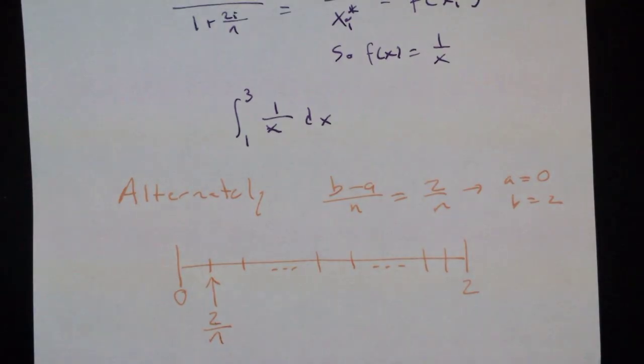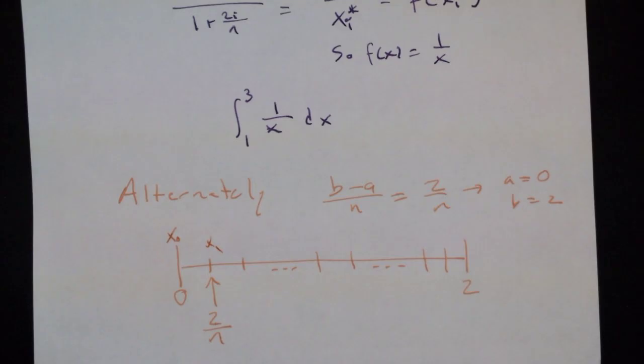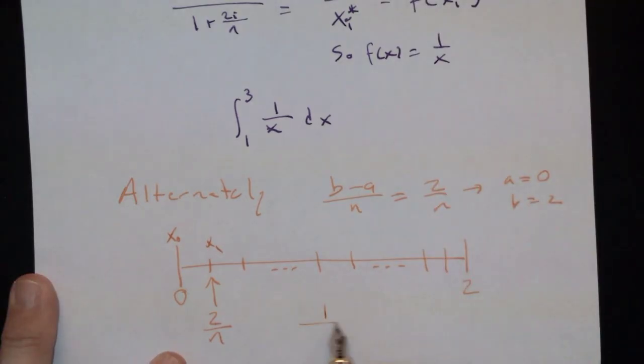And that's what I get when I put in 1, right? Because this is x0, this is x1. So I should use i equals 1. Yes? I go back and I look at my thing and I say, oh, 1 over 1 plus 2 over n should be f of x star.